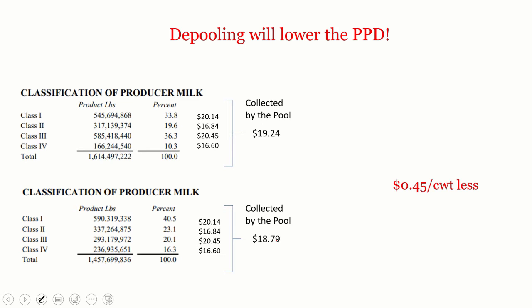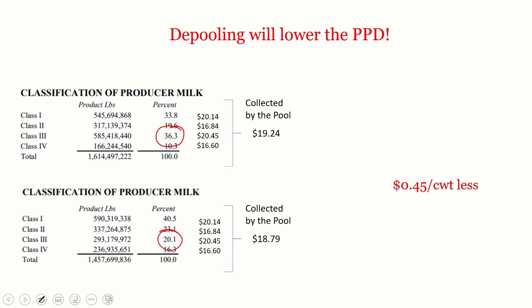And so I'm going to just run a quick example here. If we have the same amount of money, the same amount of prices, but instead of having 36% class 3, we only have 20% class 3 because you depooled it.